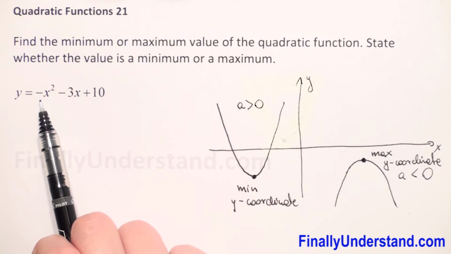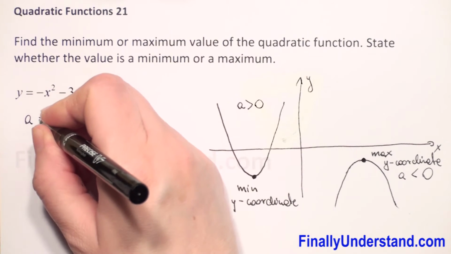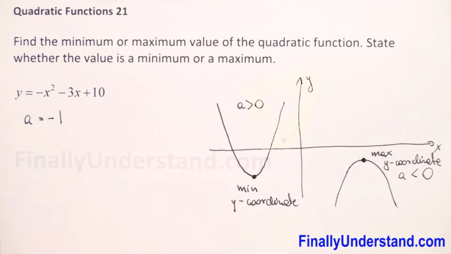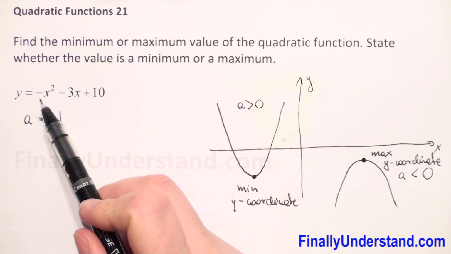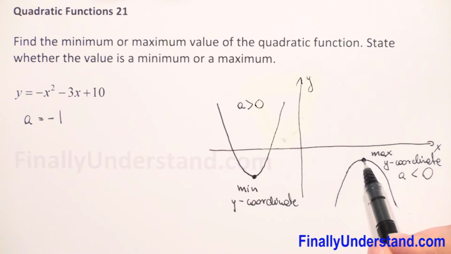In this example a is equal to -1, which is less than 0, so we have the maximum value of the quadratic function at the vertex. Because our function has a negative a, we have the maximum of the function at our vertex. So we need to find the vertex.